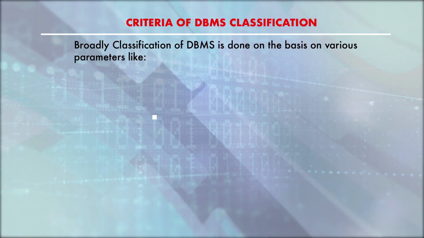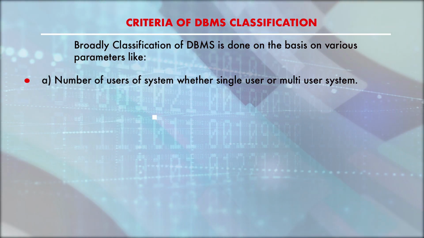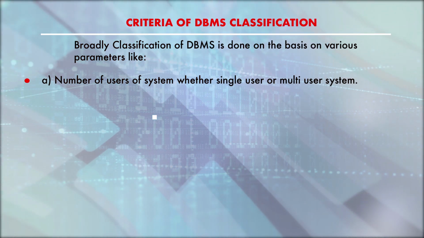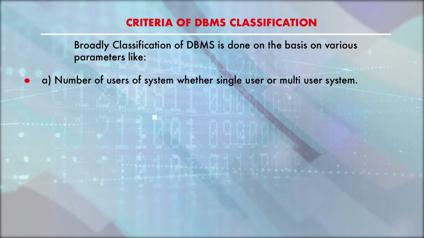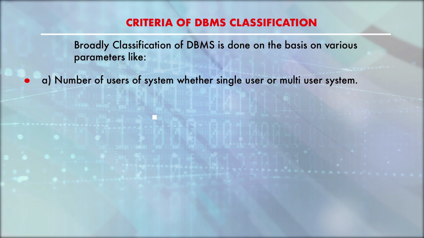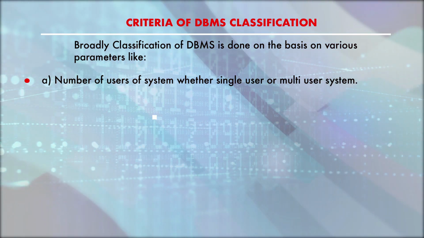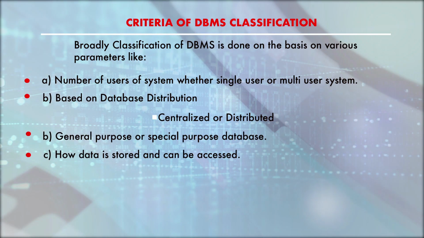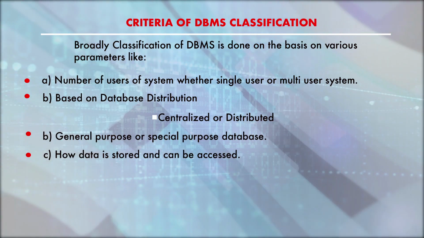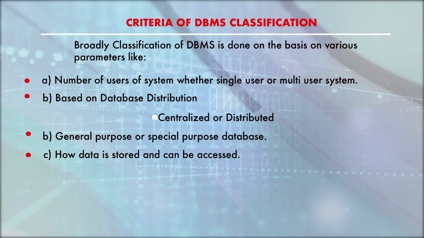Further, we can categorize database management systems in terms of the number of users using a specific database, for example single user or multiple user databases, and the storage of the database, whether it is centralized or distributed, or whether the database is for general purpose or for some specific purpose. These are different approaches which may lead to different types of databases, but our main concern is how things are actually stored and how data processing happens.